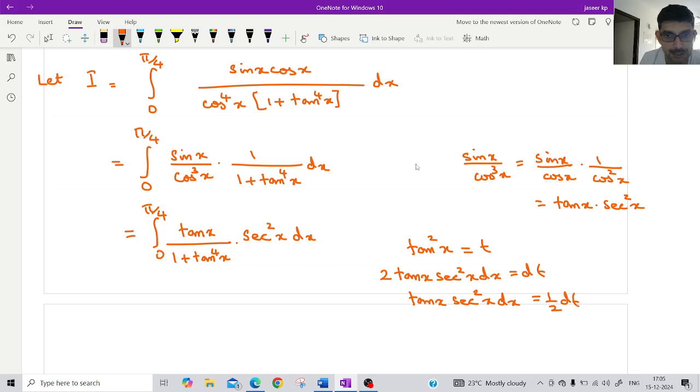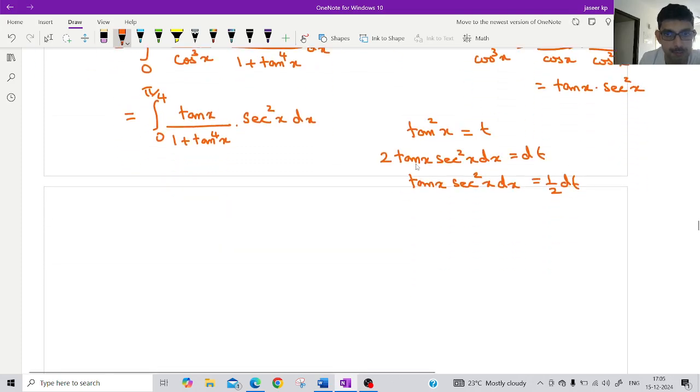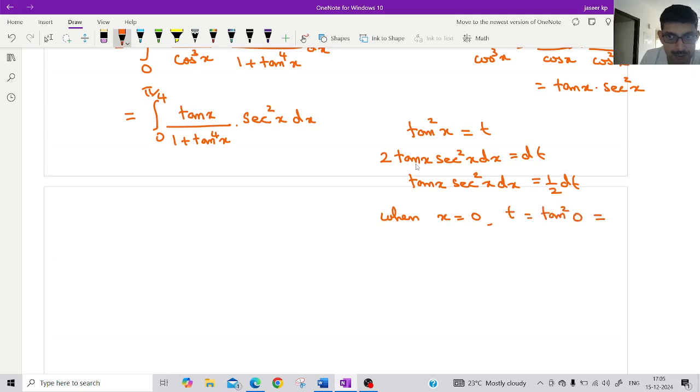Now since it is a definite integral, we will change the limits also. So when x is equal to 0, t equals tan square 0, that is 0, and when x is equal to pi by 4, t equals tan square pi by 4, and tan pi by 4 is 1, so it will become 1.